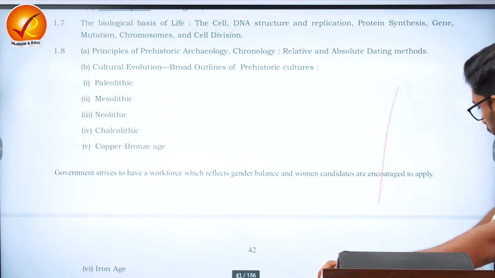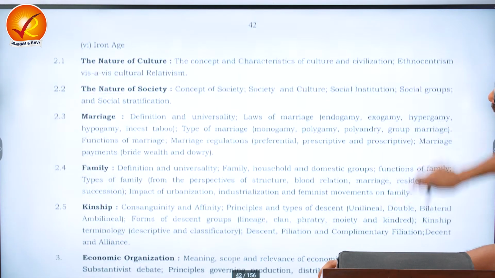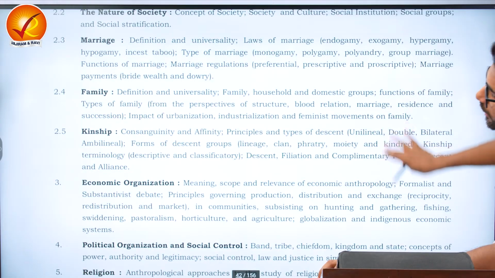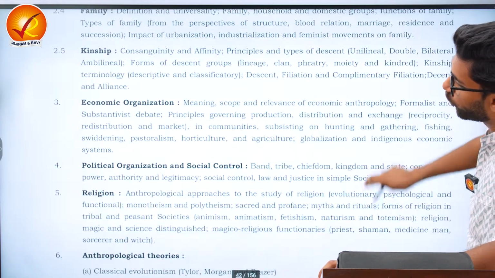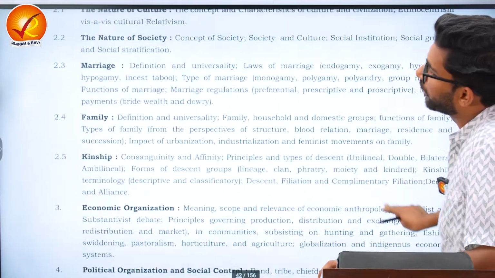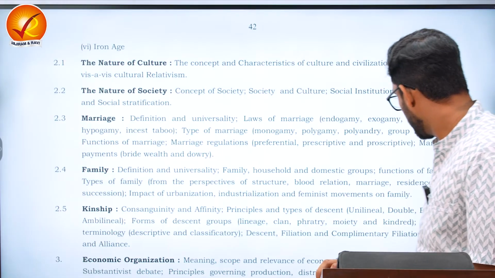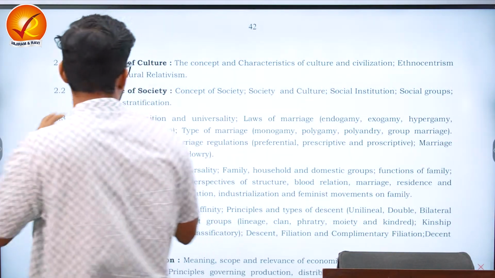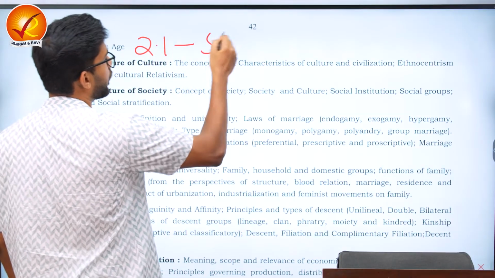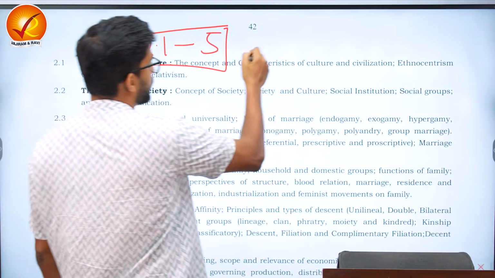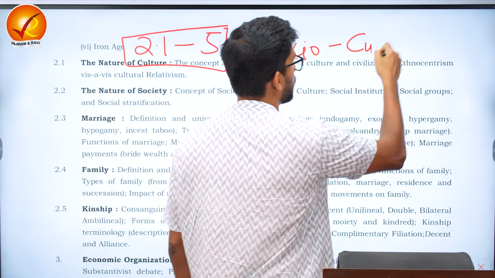Now we'll go to 2.1, 2.2, 2.3, 2.4, all of these, and then 2, 3, 4, and 5. These syllabus points, such as 2.1 to 5, this forms the bulk of your socio-cultural anthropology.